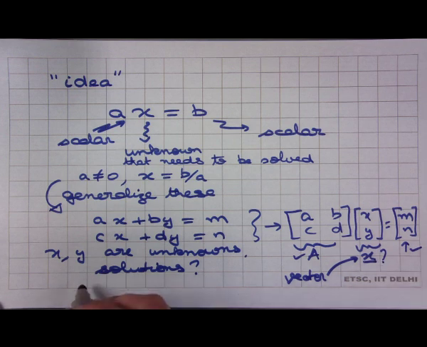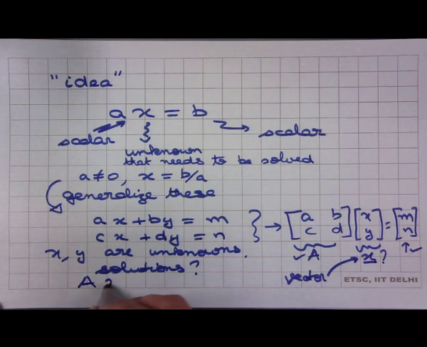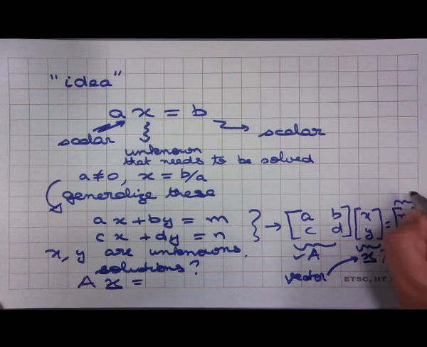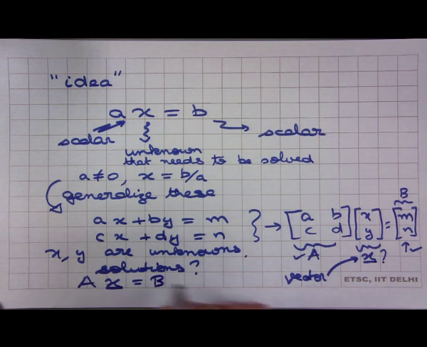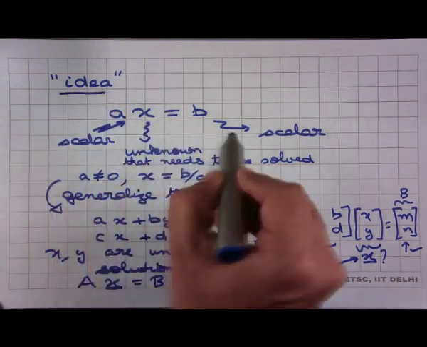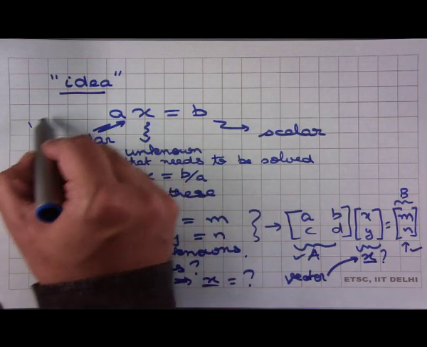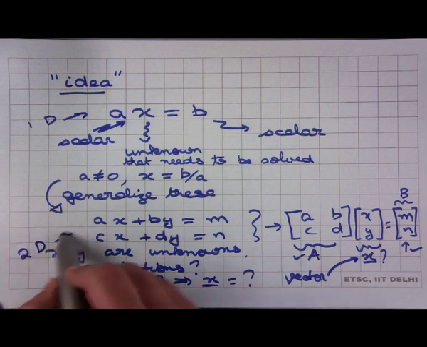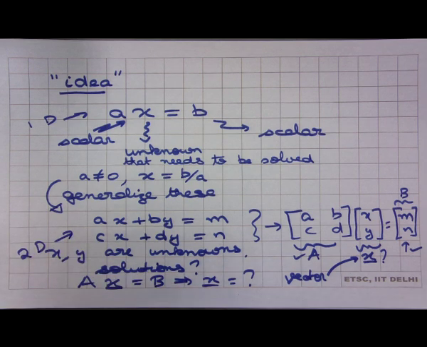So, this representation of A times x equal to a known value, let us call that capital B, is B. So, how can we get the value of x over here? It is the same generalization of what we see in one dimension, this is in 2 dimensions, and in general we can have a situation in n dimensions.